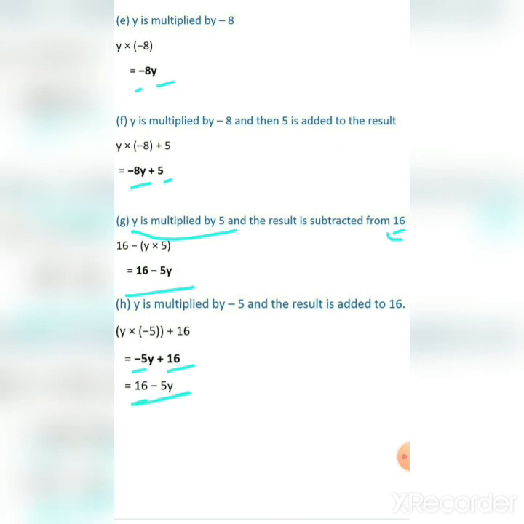So the answer will become 16 minus 5y. Understood? So here no calculation is there, but only your logic, your presence of mind and your reasoning is very important to solve these questions, not sums.